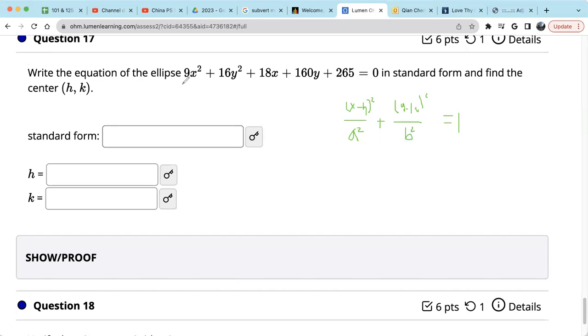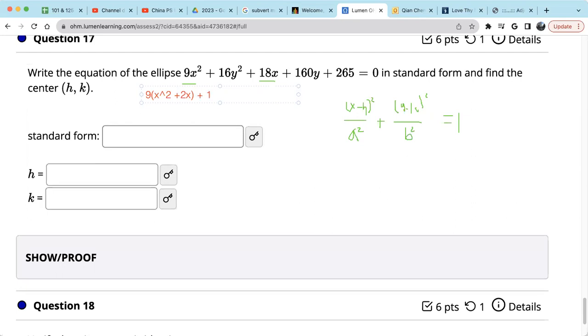So here, let's see the x term. We have 9x squared, 18x. We're going to put those two together and factor out 9. So factor out 9. Then we put x squared. Well, 18 divided by 9, that's 2. So plus 2x. So we rewrite 9x squared plus 18x as this. Similarly for the y term.